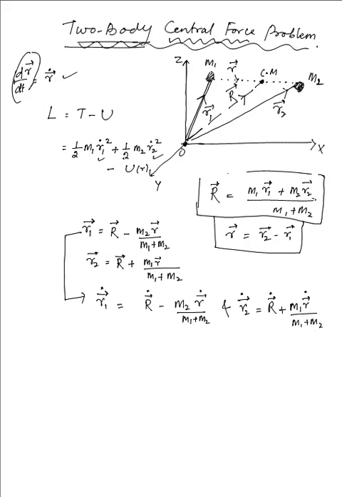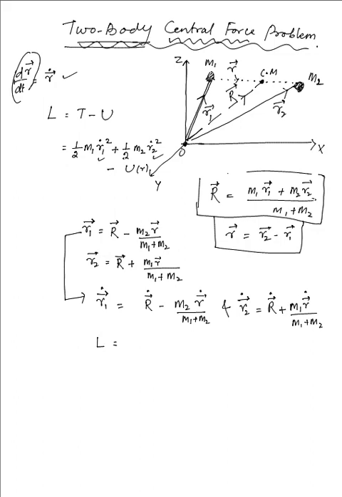Now these may be looking like a completely mathematical approach, but I will make sure that you get the physics of it. Now with r1 and r2 available to us, we can just put that in the Lagrangian.